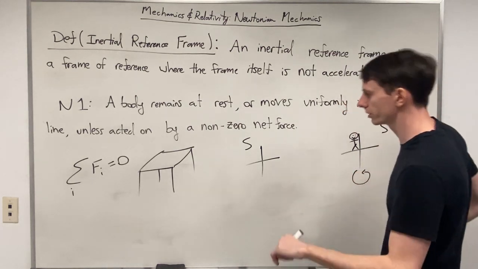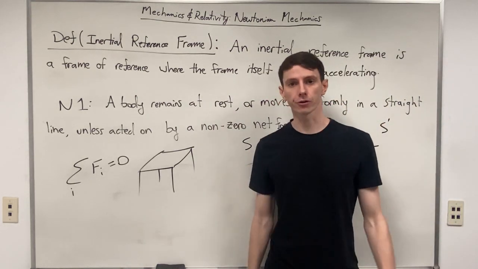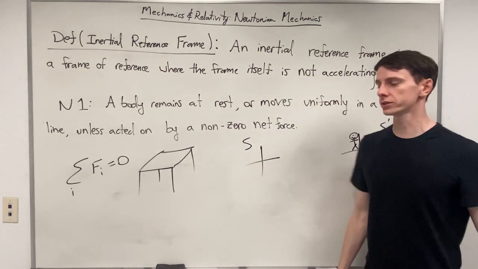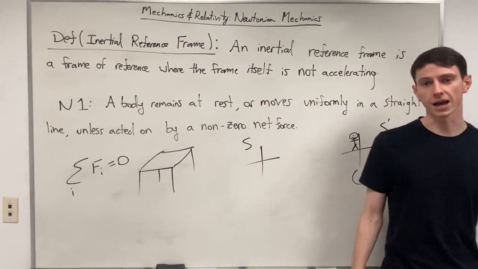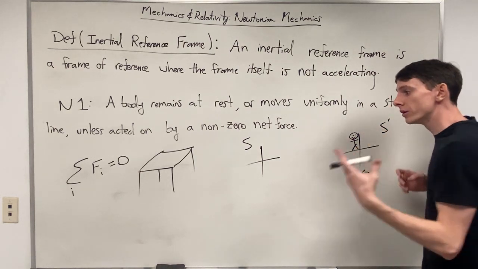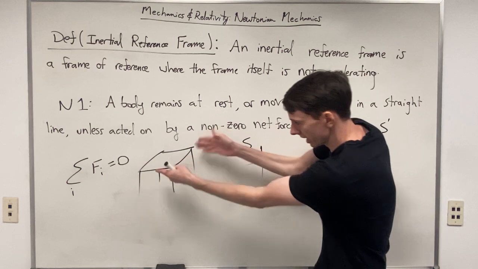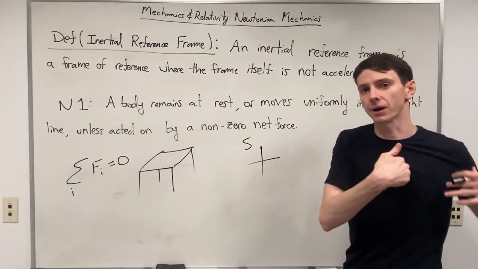Notice, and we tried to make this clear in the previous whiteboard, whether we were standing still right here in frame S, or we're rotating over here in frame S prime, what we're doing has no influence on the table that's standing over here, right? The table is just standing still. It doesn't care about us.